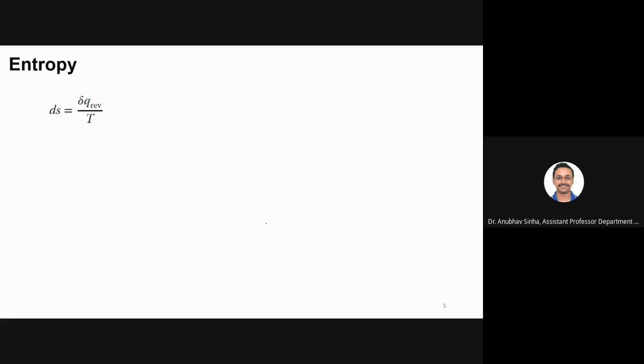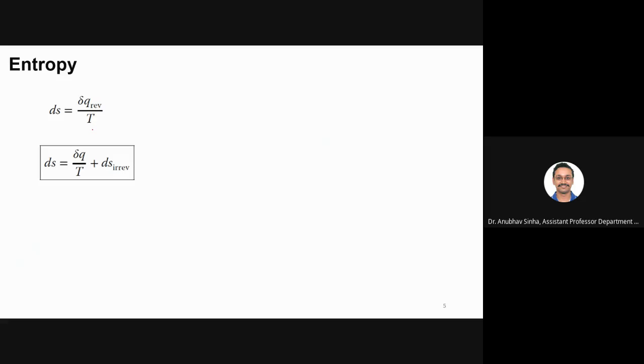Okay, let us also talk about entropy. So second law, I assume that you are familiar with. Second law says that the entropy of the universe is always increasing, and there are different statements of the second law which are not very relevant for this course. So entropy is defined as this: ds equal to dq by t for a reversible process.